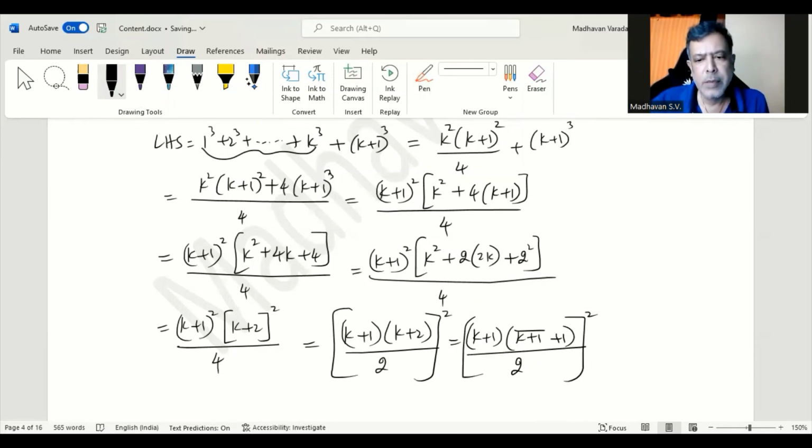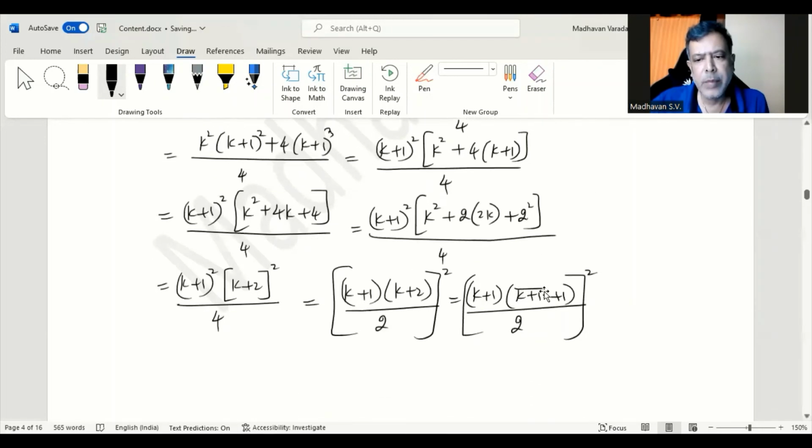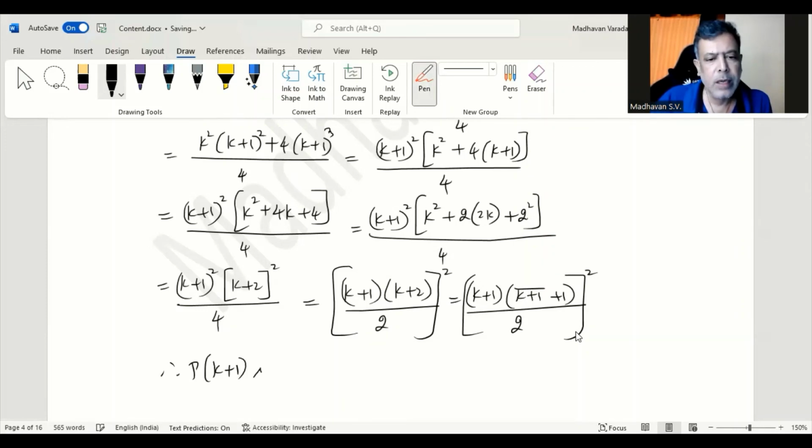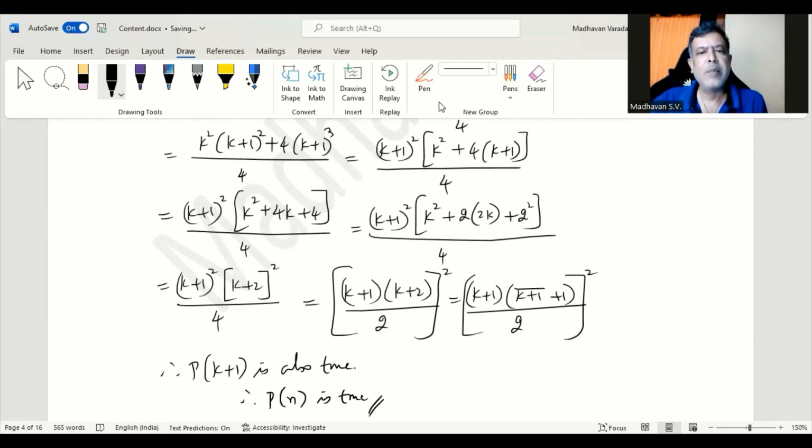So this is nothing but similar to n into n plus 1 by 2 the whole square. So we can conclude that therefore P of K plus 1 is also true. That is what we have to prove. Therefore we can say P of n is true. That is the proof using mathematical induction.